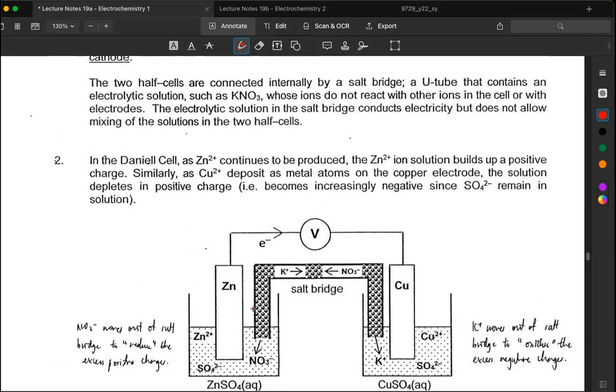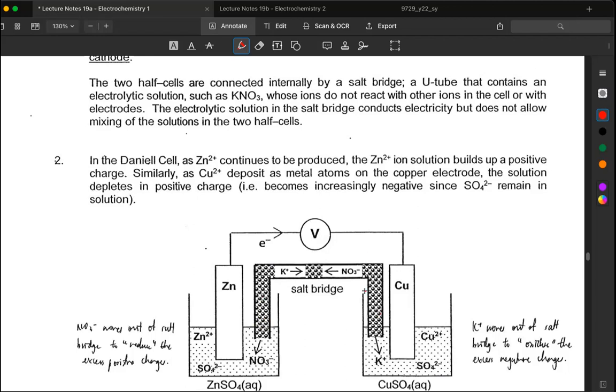KNO3 is just one example. You can have other salts, where the ions do not react with other ions in the cell or electrode. So it is simply KNO3. What happens is that the electrolyte conducts electricity but does not allow mixing. So you have the salt bridge here.